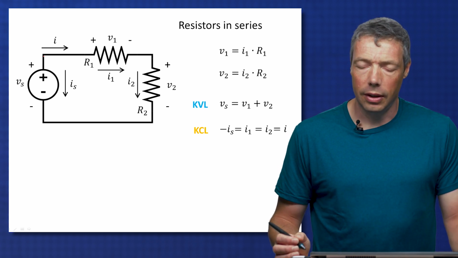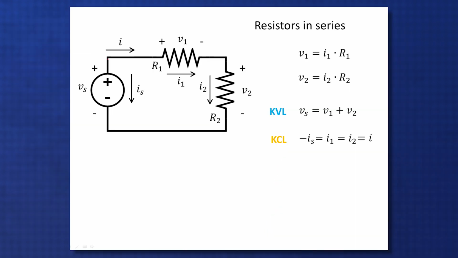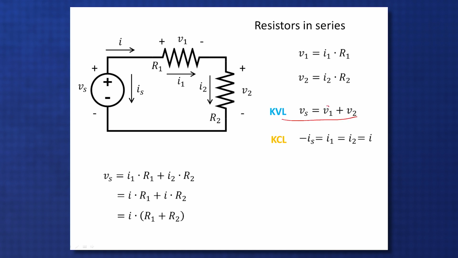And now let's combine these. I take the KVL equation here and then replace the values of V1 and V2 by what I get from Ohm's law. I know that the currents are the same, right? And I can simplify.